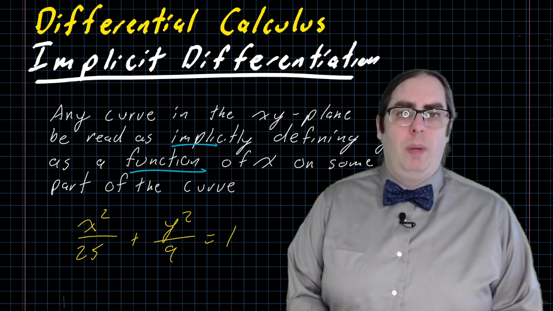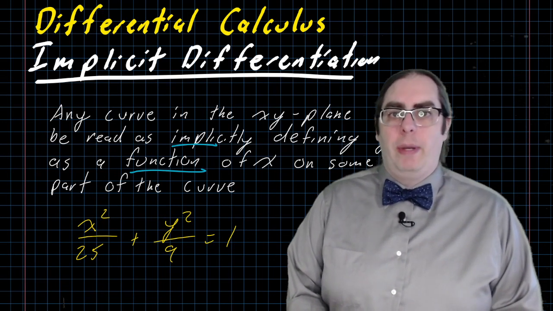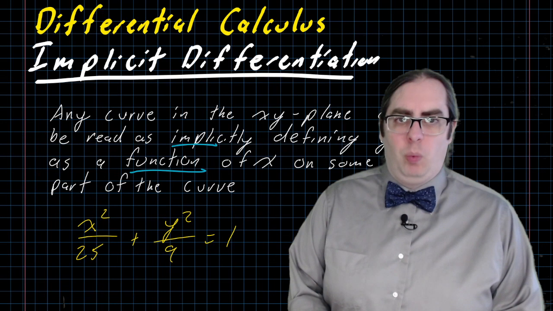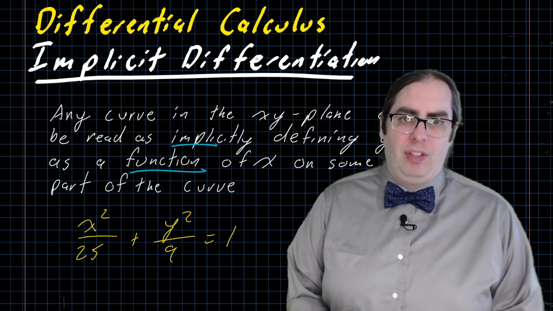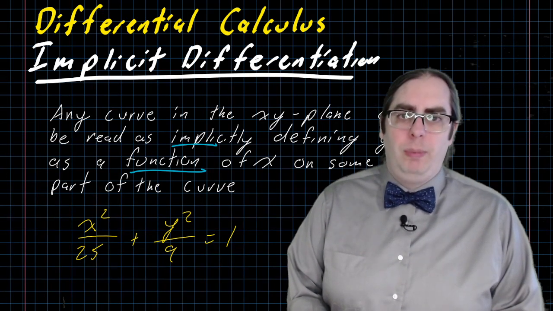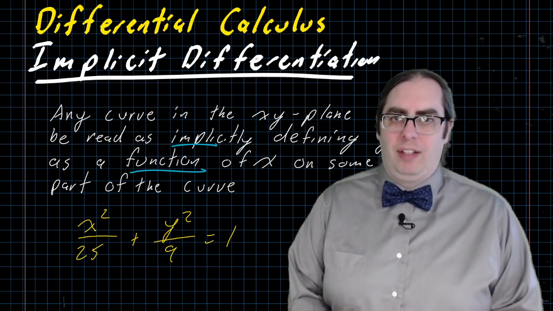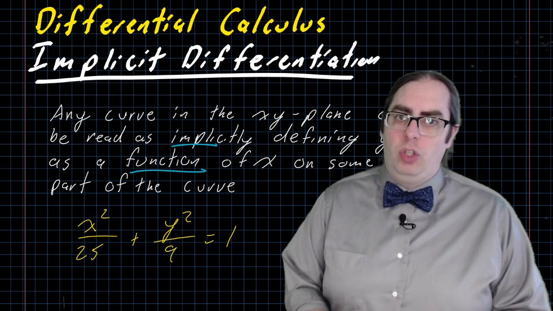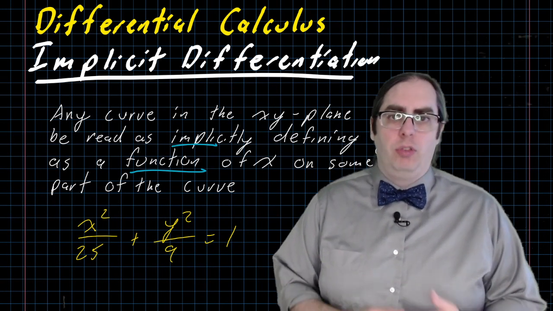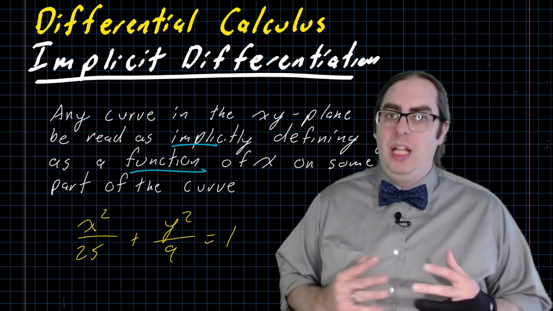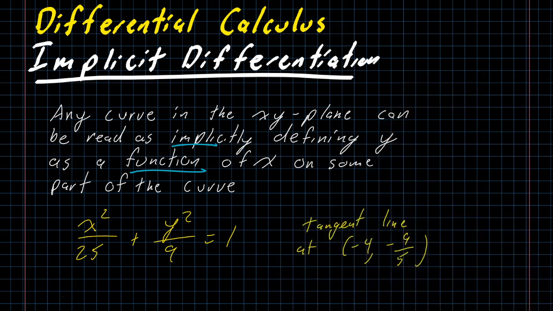I want to show you a method that will work no matter what is going on with x and y. And in fact, in the next example I go through, it is going to be literally impossible to solve for y as a function of x explicitly. So even though there are other options for this particular equation, let's go with it anyway.